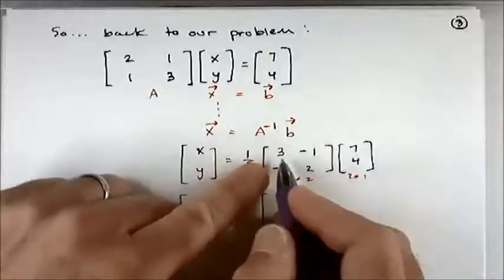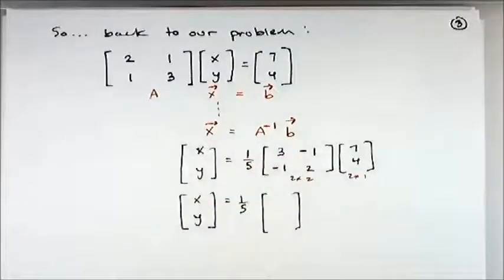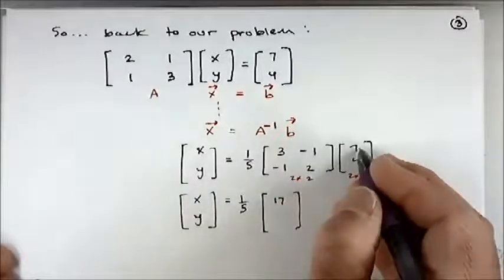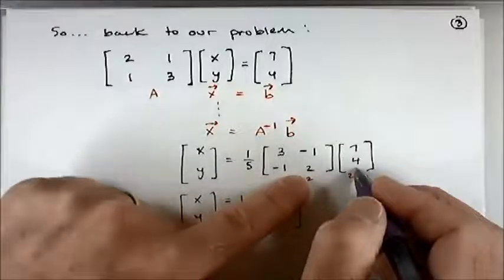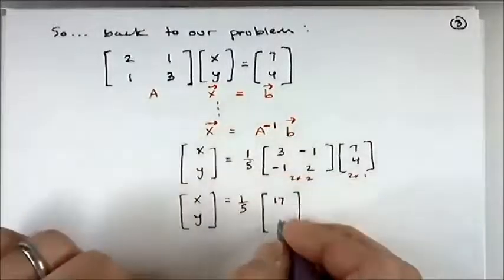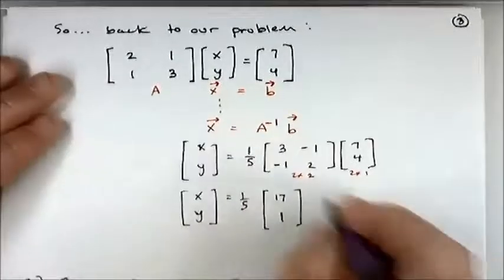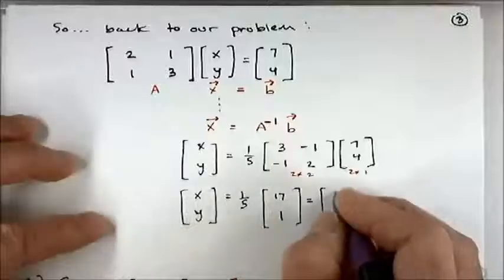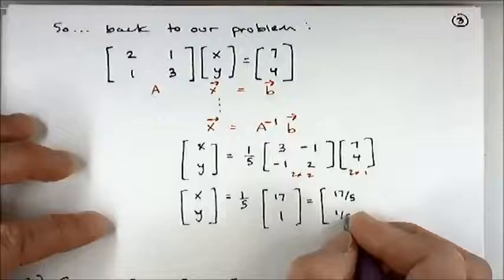So we have row times column. 21 minus 4 is 17. And then -7 plus 8 is 1. And if I distribute the 5 in, what I get is 17/5 and 1/5.